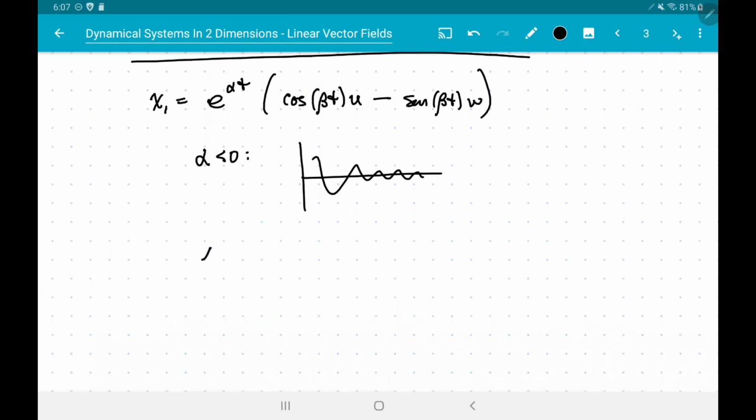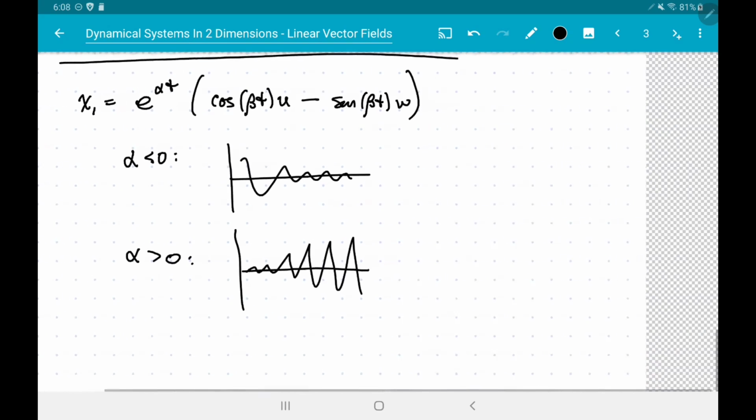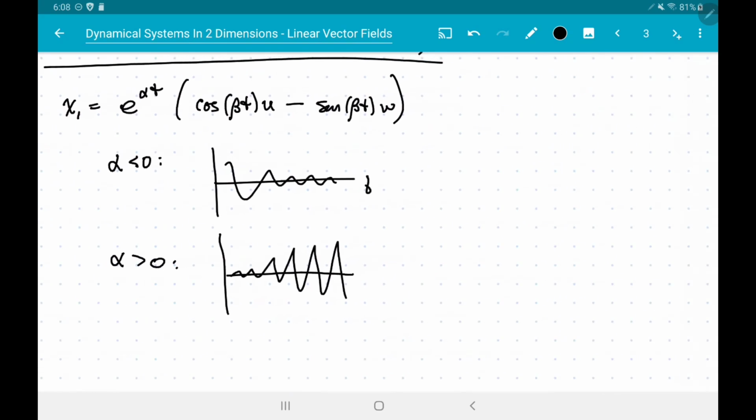On the other hand, if alpha is greater than 0, the e to the alpha t part will grow, and the cosine and sine parts will oscillate, and that'll give solutions whose components look like this. Sorry, let me make this t, and then this is x1,1.